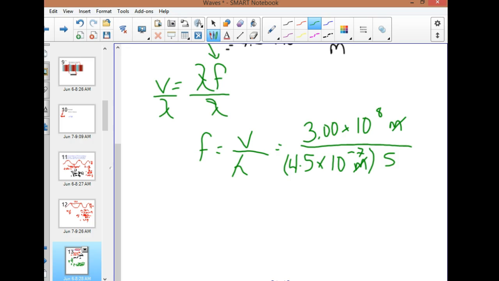Ms. Patterson, it'd be just 2 sig figs then? For this question, there will be 2 sig figs. Miss Patterson, F equals V over wavelength? V divided by wavelength, yes.